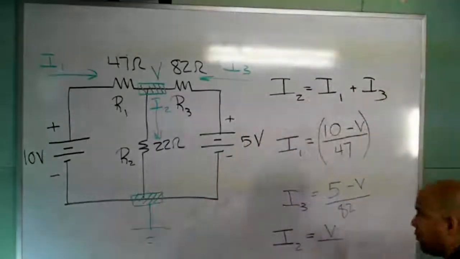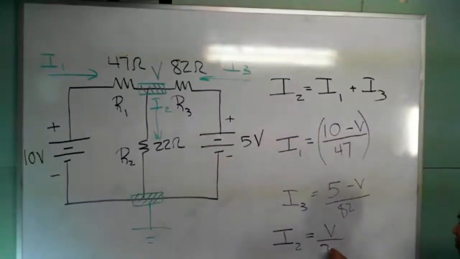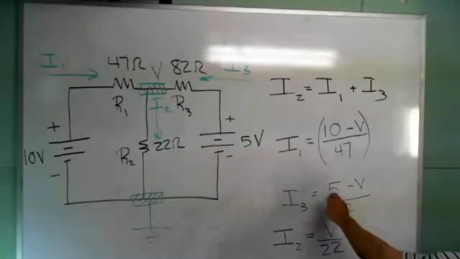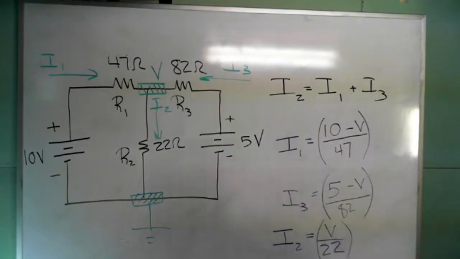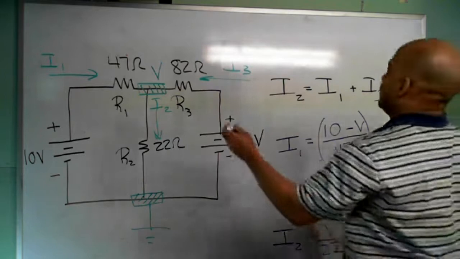V minus 0 is just V over 22. So there are all my currents in terms of voltage. And you just stick those into the equation, solve for V, and then we're good to go. So go ahead and start working that out.